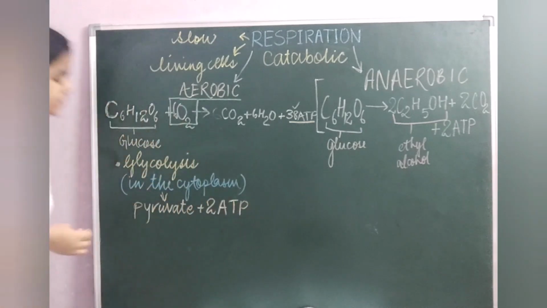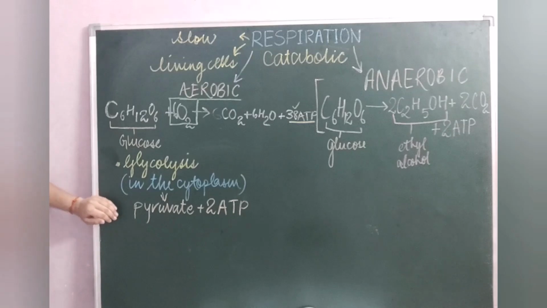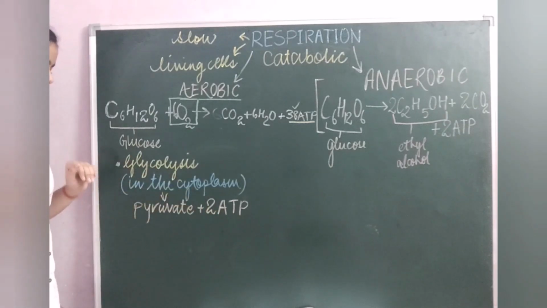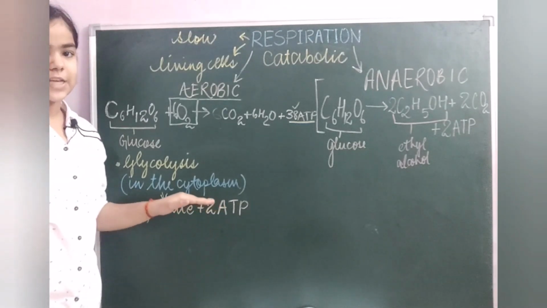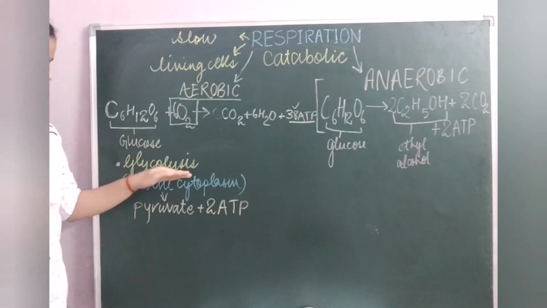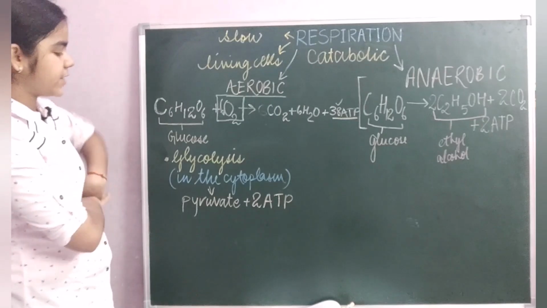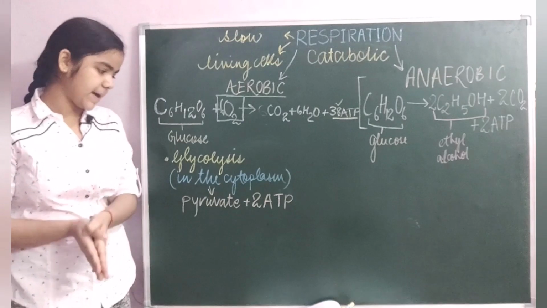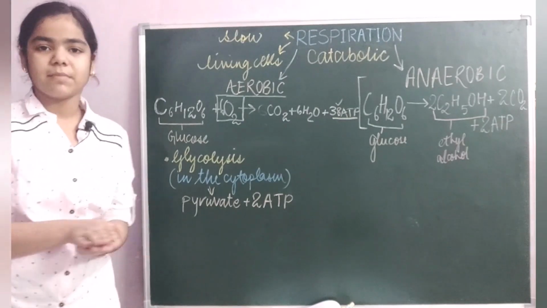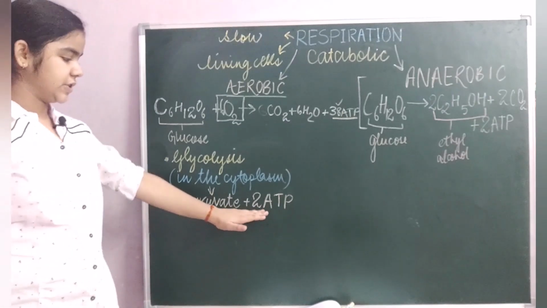So this is the process of glycolysis which takes place in the cytoplasm, producing pyruvate along with 2 ATP energy. Moving further with aerobic respiration, this 2 ATP is used for cellular respiration. So it is the first phase. Alright, let's recall. Glycolysis is the first phase of the breakdown of glucose which takes place in the cytoplasm, producing pyruvate along with 2 ATP. It is the main pathway for cellular respiration because it produces energy.